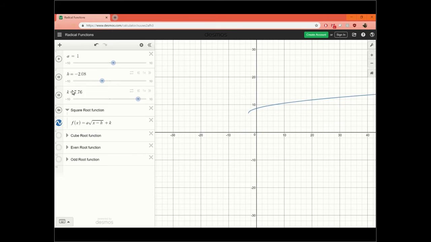So we can still think about this starting point as the vertex. Let's calm this down. Something that I hinted at in the last video: let's say I have this starting point at 1.5, 0. That would be my vertex.